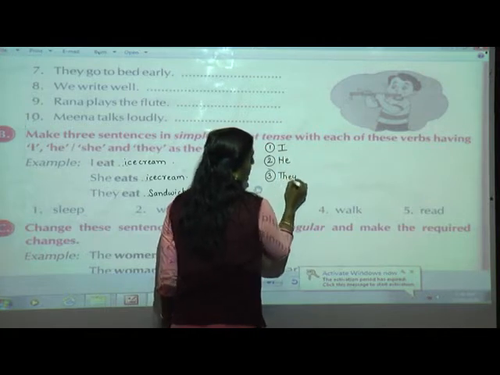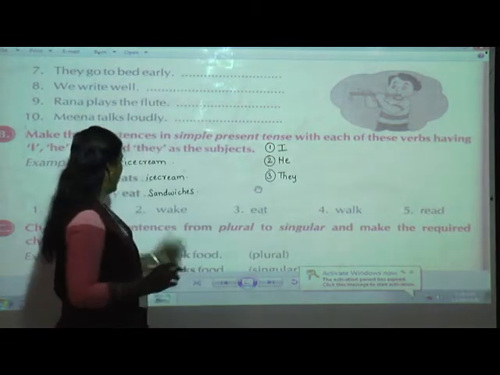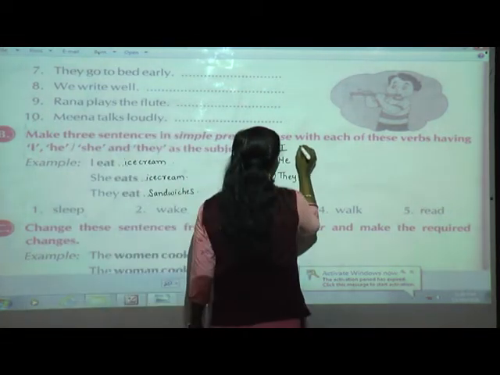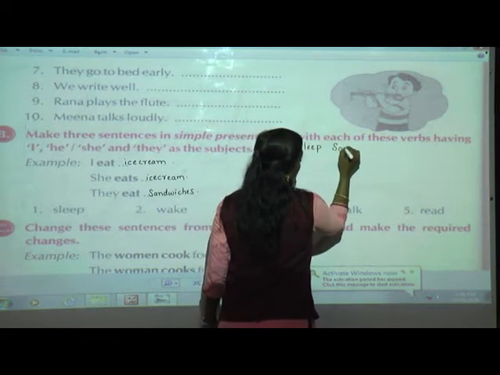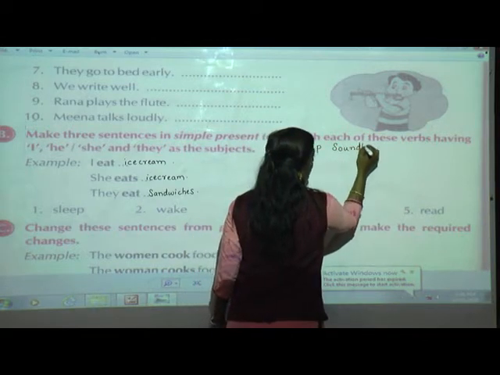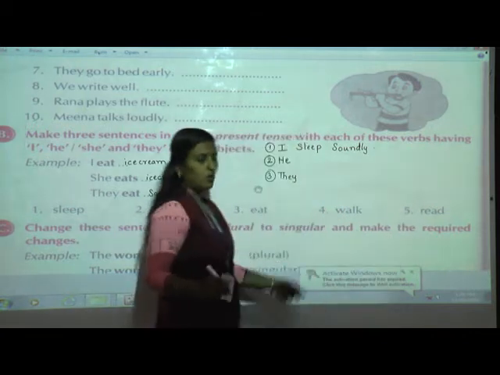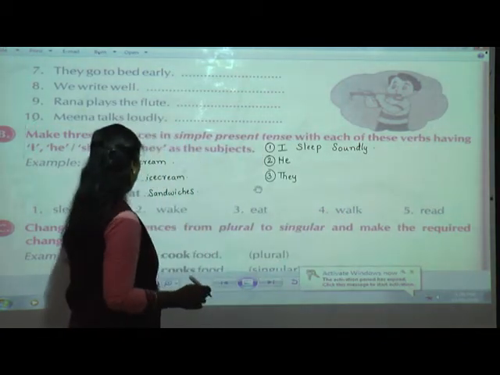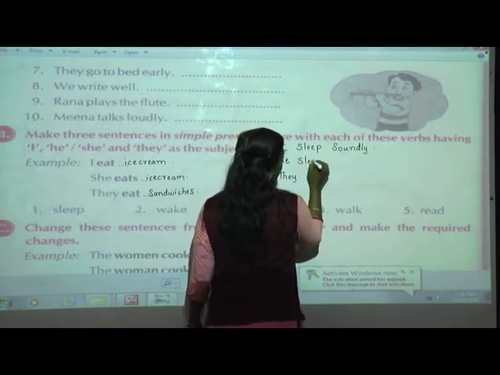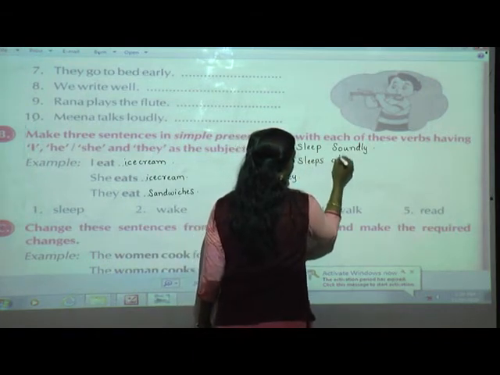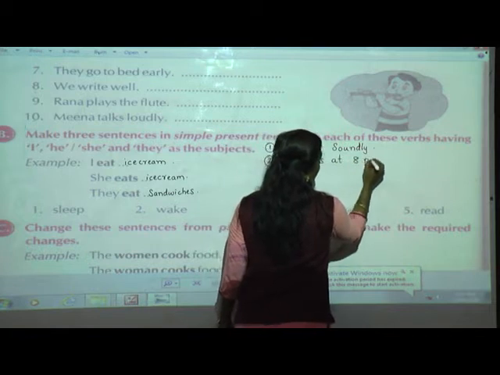Only with the help of these subjects I am going to use this verb. I sleep. I sleep soundly. Here you can make your own sentences, but now whatever I am giving, you copy. He sleeps, with the help of that verb only. He sleeps at 8 p.m.